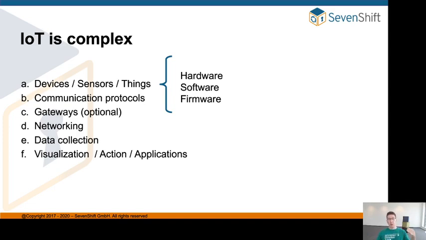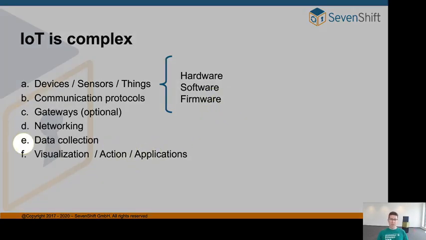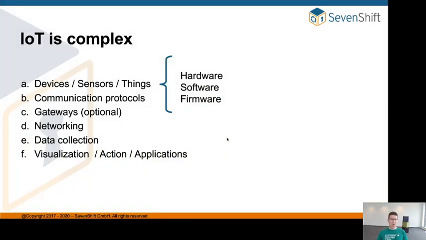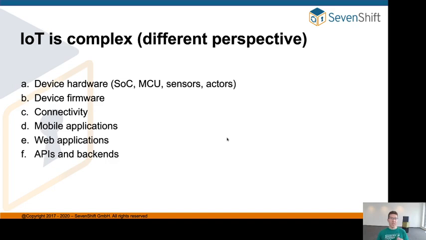You have your network technologies on which these things are built, which are actually a lot of them. You have a data collection layer where all information from the sensors and the things is going to be going to be able to take decisions, which are taken in the next layer, where you normally tend to have a visualization layer or something that does the business and your different applications that are working on that.